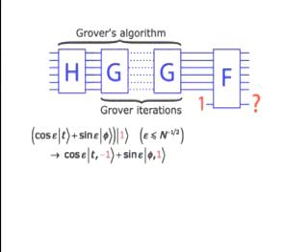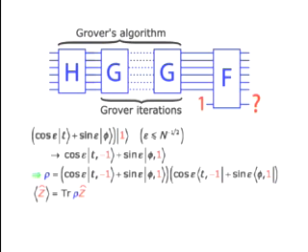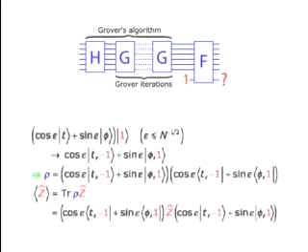The expectation value of z is trace of rho z, and rho for this pure state is this. The expectation value of z is this.